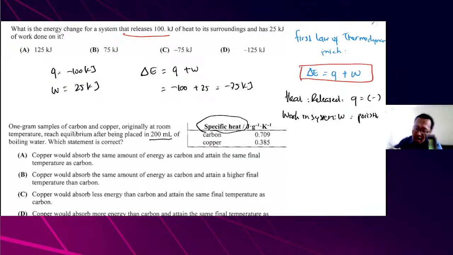Higher specific heat means the substance is more resistant, kind of like carbon.